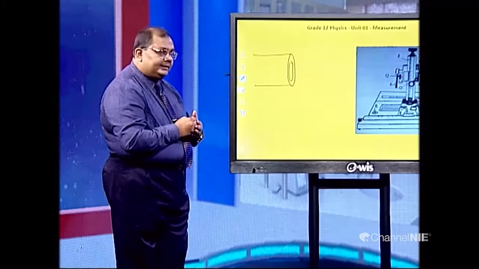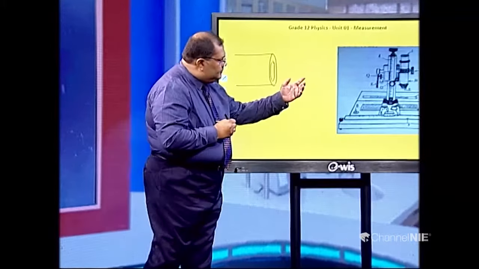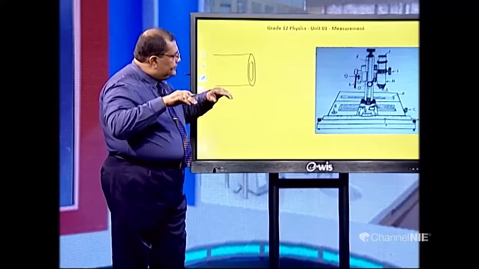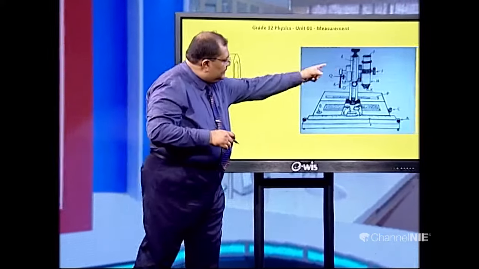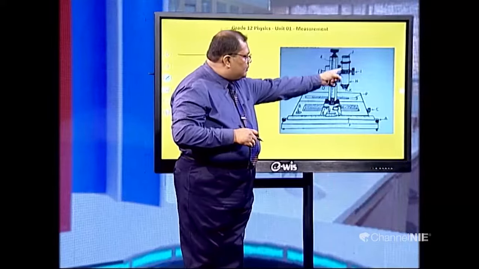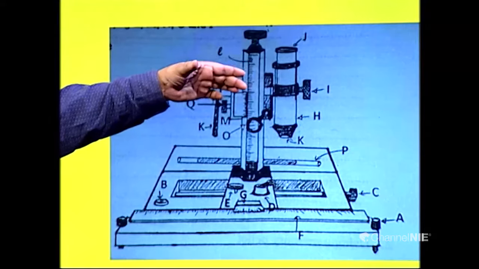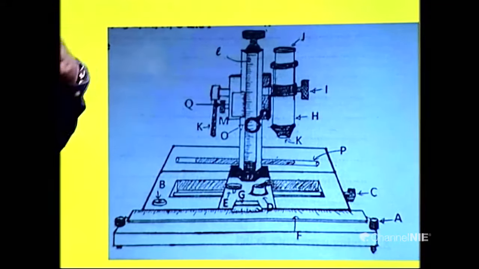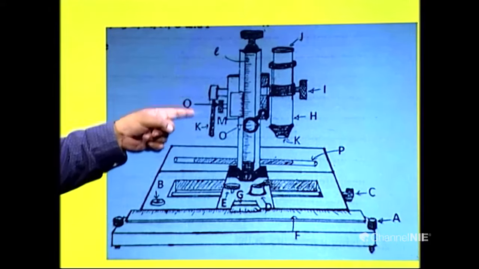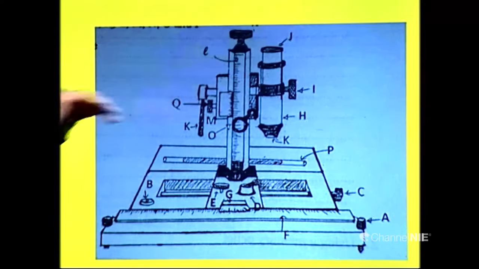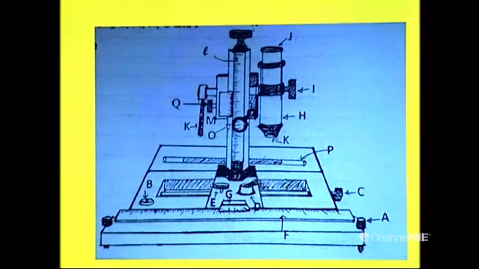To find that, first this should be placed on a supporter. After that, this travelling microscope should be made horizontal. Then you have to release this releasing lever, and it should be made horizontal. Then the travelling microscope should be placed in front of this.